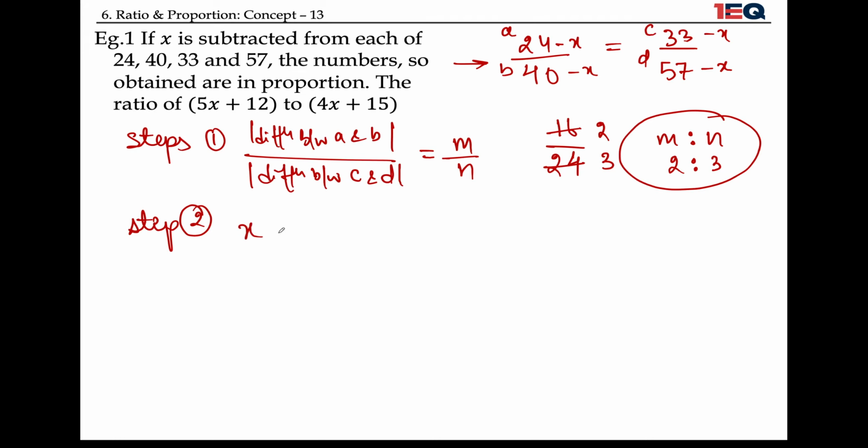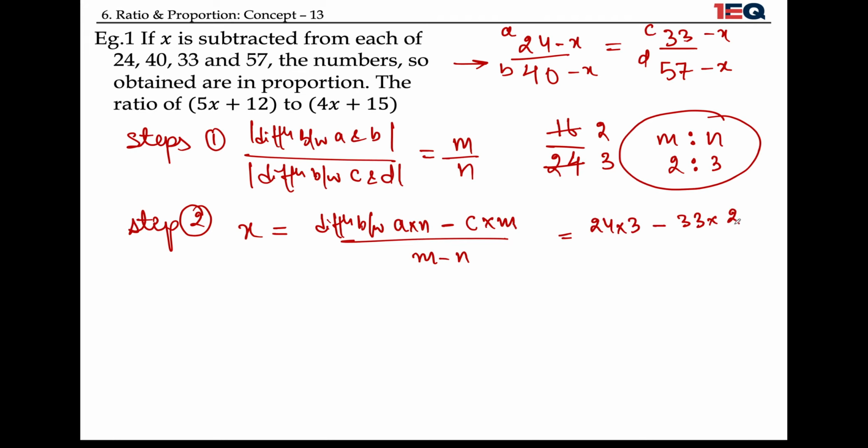The value of X would be immediately available to you if you find out the difference between A multiplied by N minus C multiplied by M, whole upon M minus N. So what is A multiplied by N? 24 into 3, that is 72, minus C, that is 33 multiplied by 2, whole upon 3 minus 2.